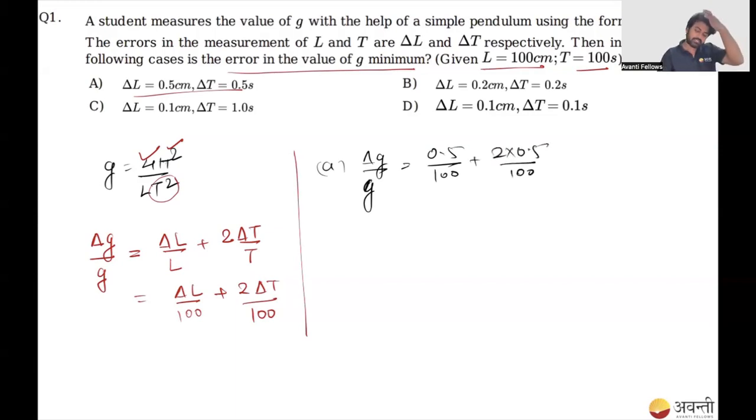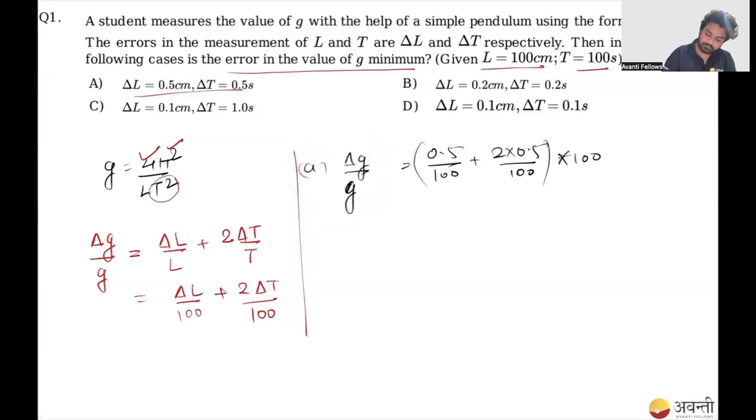Approximately, if I want percentage changes, I will multiply by 100 also for percentage change. So from here 100 gets cancelled out. I'll get 0.5 plus 1, that is 1.5.